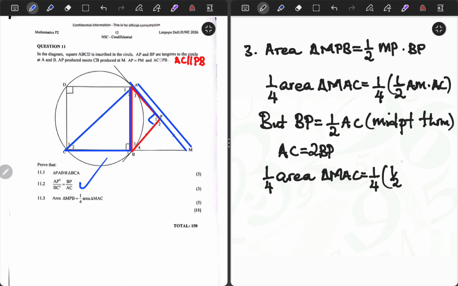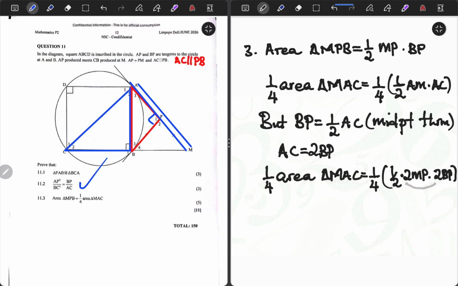We understand AM is twice MP. And we understand AC is twice BP. So what's gonna happen here?